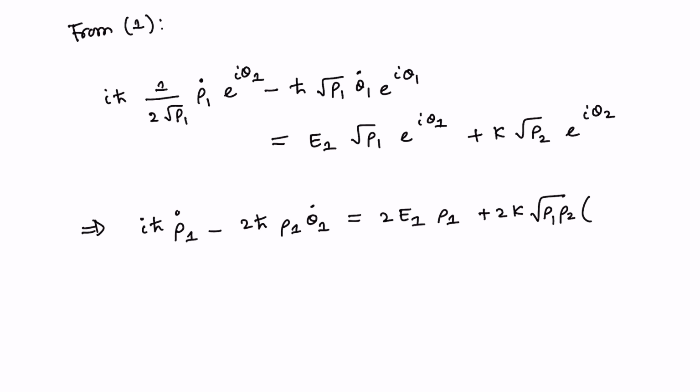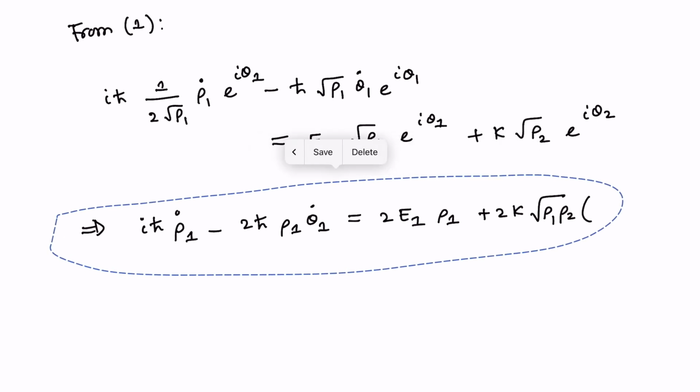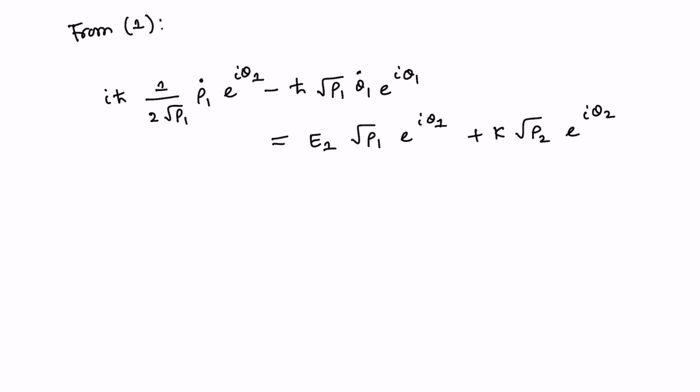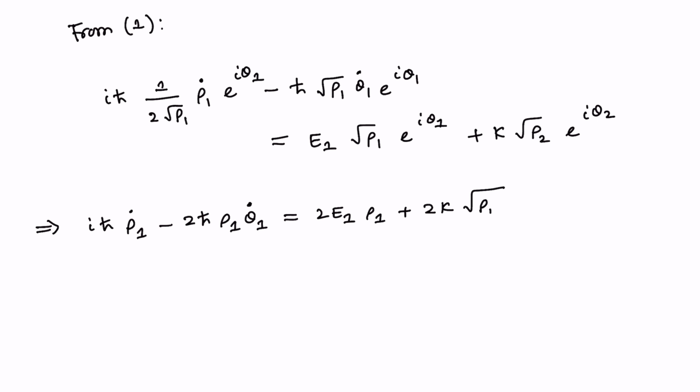And actually let me show you all the steps rather than writing the final expression. Okay, next step I will get i h bar ρ1 dot minus twice h bar ρ1 θ1 dot is equal to twice E1 ρ1 plus twice k square root of ρ1 ρ2 e to the power i (θ2 minus θ1).